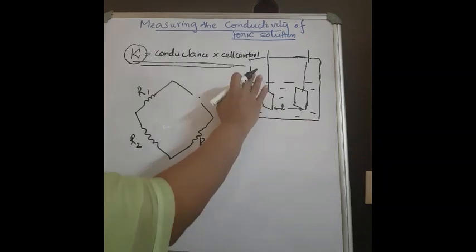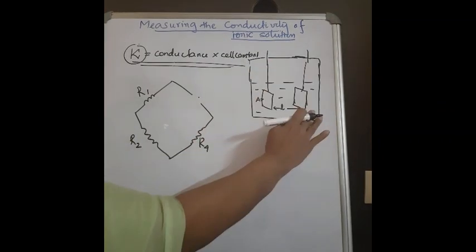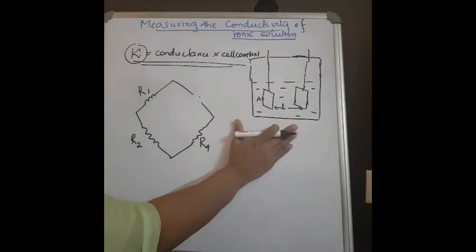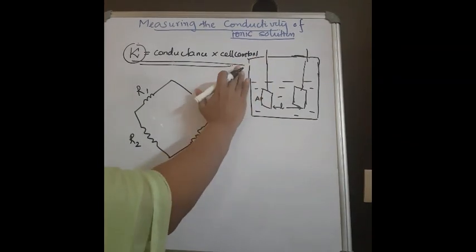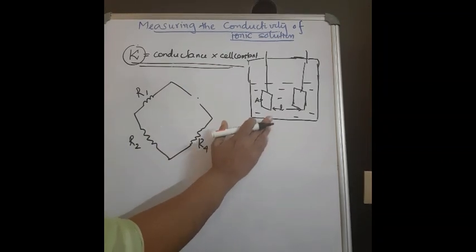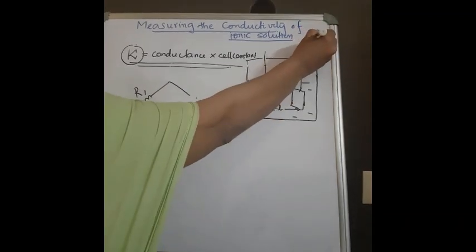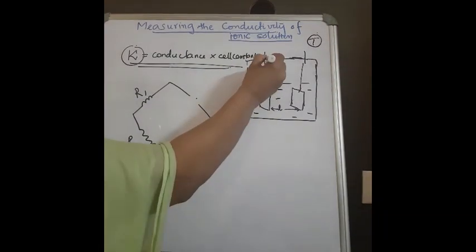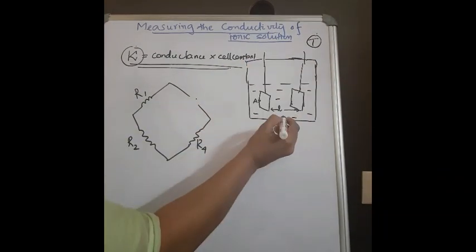Why do I call it specially designed? Because the conductivity cell is thermally insulated. That means no heat is going into it or out of it. Why? Because you know the conductivity depends on the temperature. Also, there are 2 electrodes.